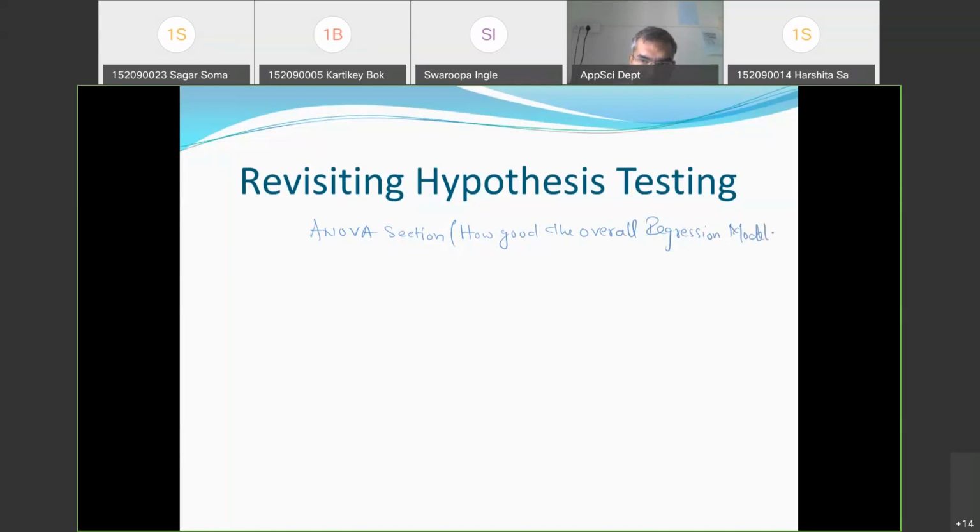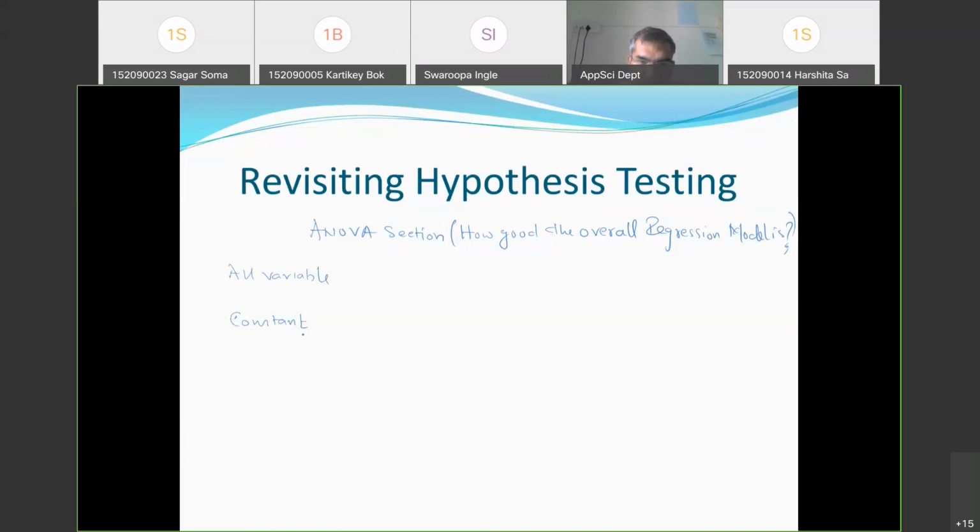So here we are comparing the variation of two different models, so to say, one with all the variables and one with only the constant.